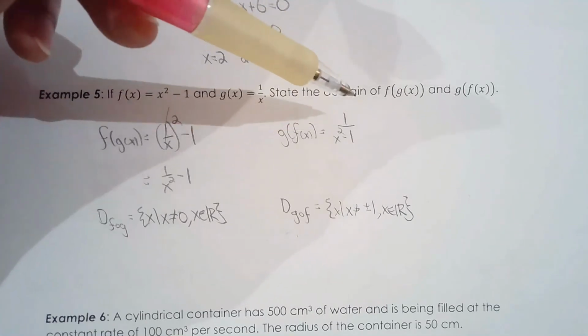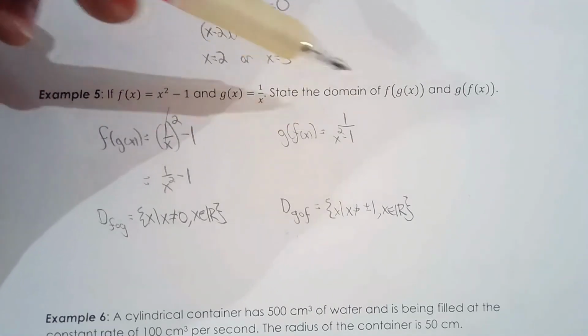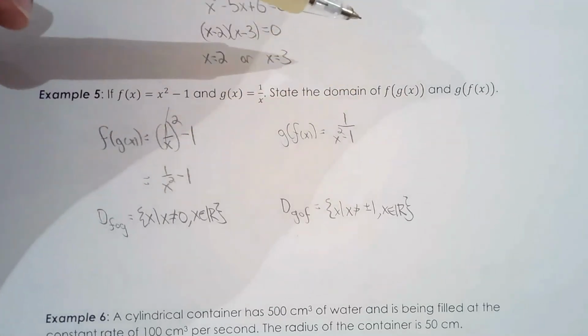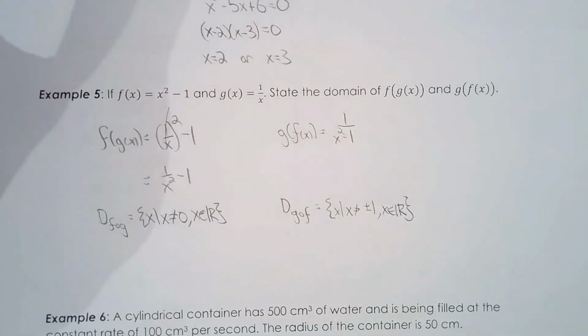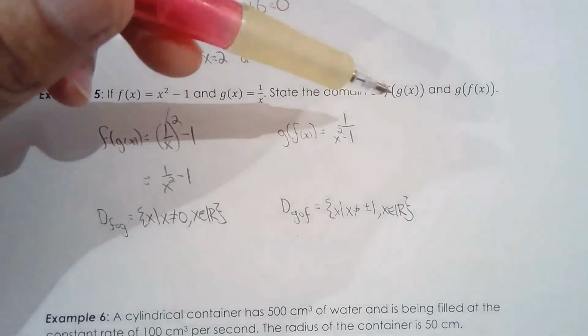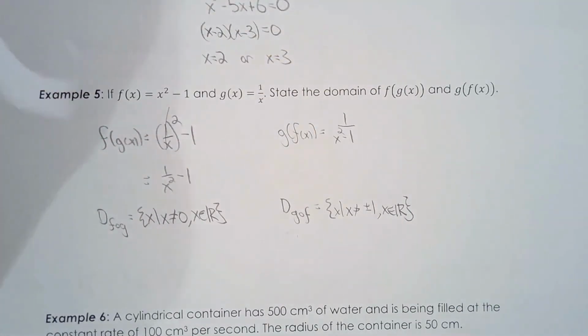That's what makes composite functions a little trickier, because you have to study the domain and the range, whereas before you just studied the domain, and at most you had to figure out where a function is equal to 0. So that's my strategy for finding the domain of a composite function.